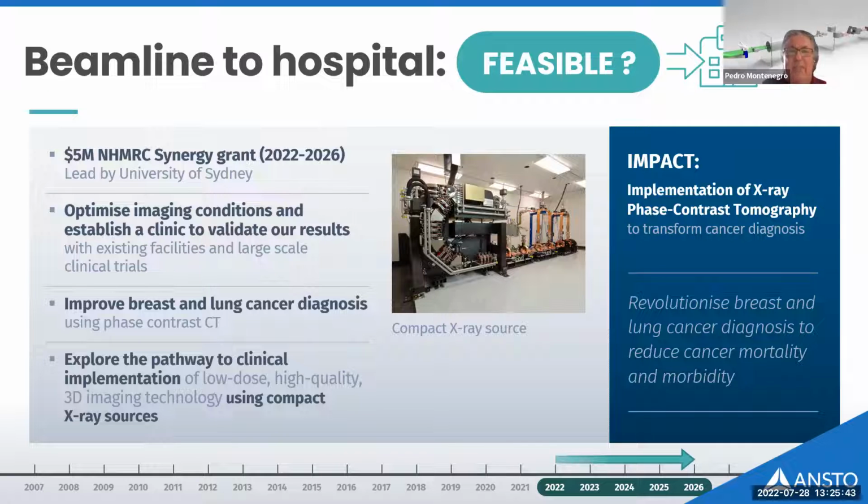But when we say establish a clinic, it means going from a few cohorts of patients, to demonstrate that the technique is working and is worth using, to many more cohorts, in order to demonstrate it even more clearly and improve all the different steps from data collection to data analysis.